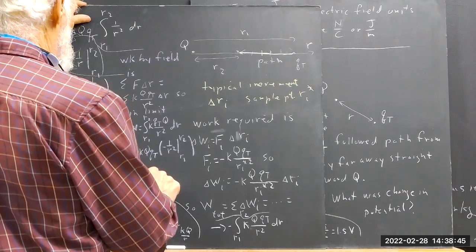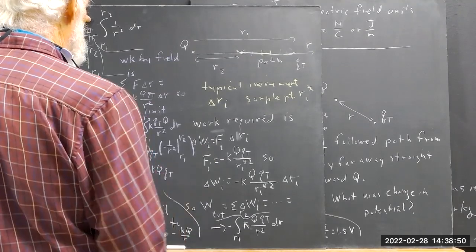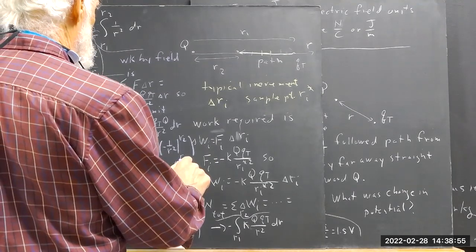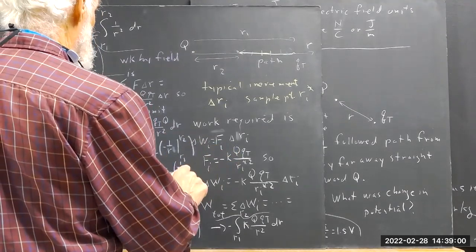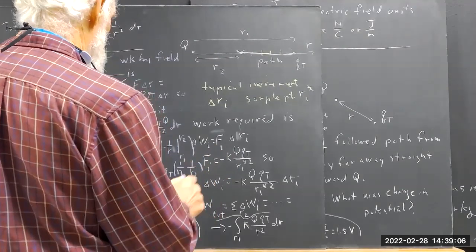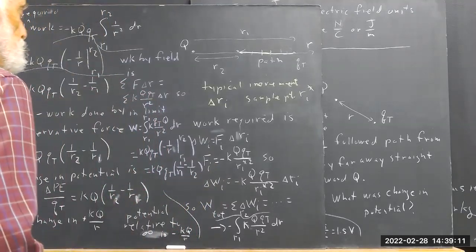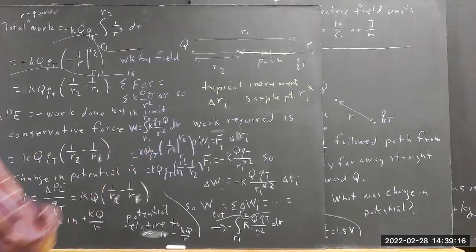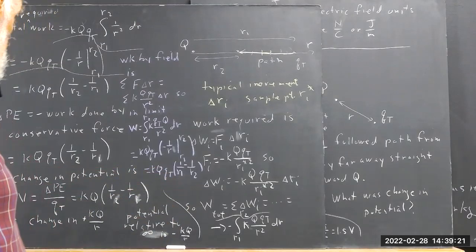And that's K times big Q QT times, it's not over R squared, it's over R, 1 over R1 minus 1 over R2. Then the change of potential energy will be equal and opposite to this.